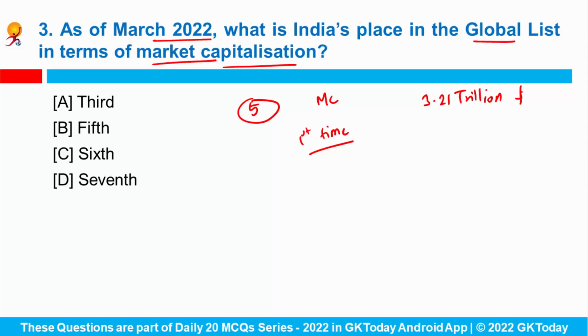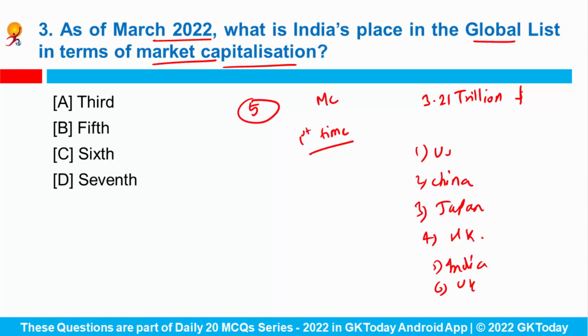And the first 4 places are occupied by USA, China, then at third it was Japan, and then Hong Kong. After India, it is followed by UK, Saudi Arabia, Canada, France, and Germany. So these are the top 5 countries in terms of market capitalization. So our rank in this is 5th.